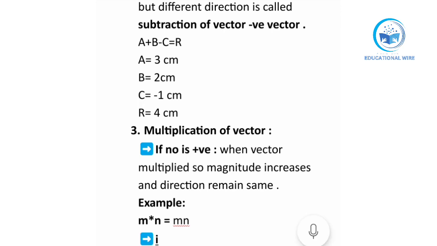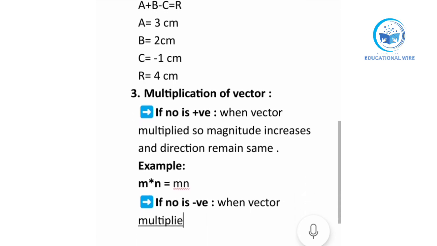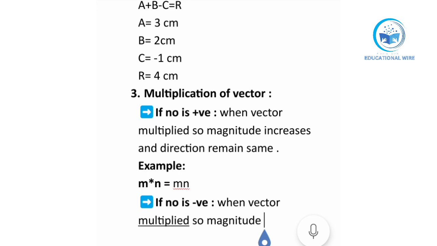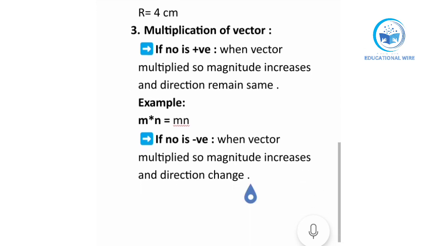Previously we said that if the number is positive, now we will say that if the number is negative, so when a vector is multiplied with -1, the magnitude increases, and with that the direction will also change. This is called the negative vector of multiplication.